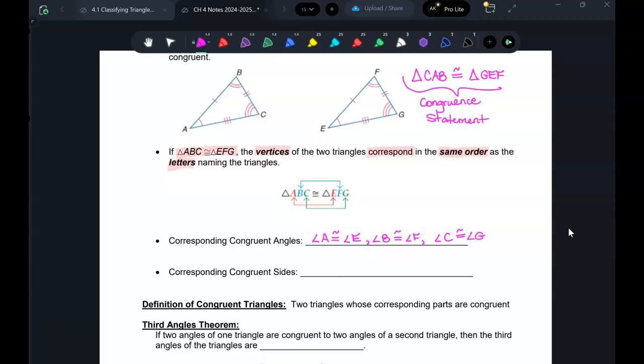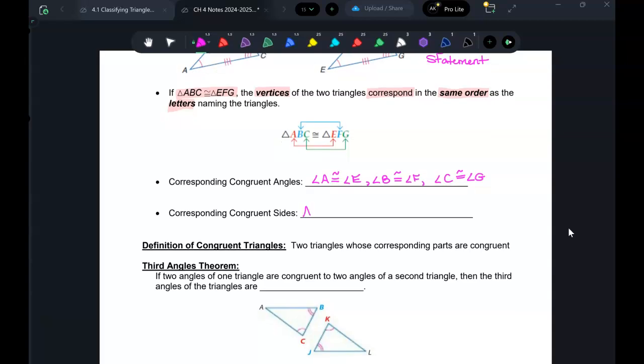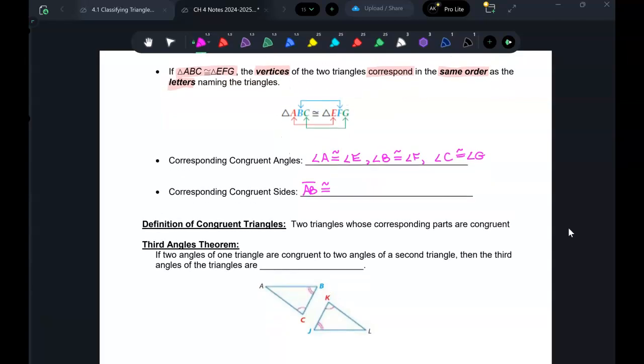So angle A and angle E are congruent. Angle B and angle F are congruent. Angle C and angle G are congruent. Okay? All right, now AB is congruent to EF.